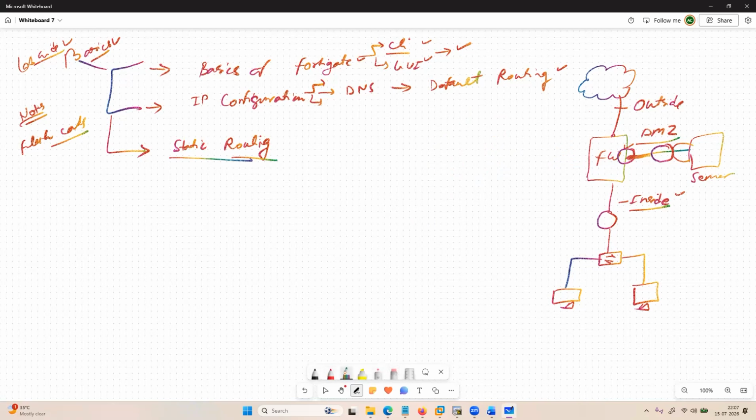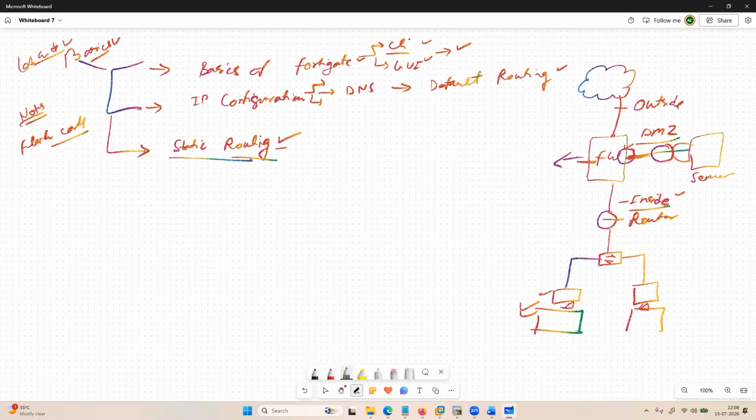So, buddy, your firewall doesn't know about this network because it is behind this router, right? So we are going to tell our firewall, hey, listen, this is how you reach this network, and we'll tell it using static routing in the beginning.